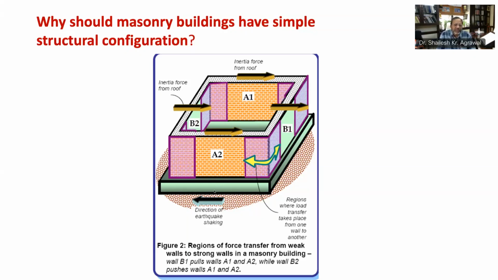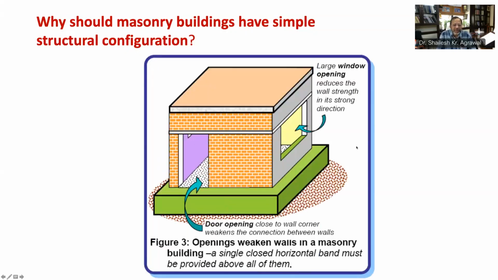Thus, walls transfer loads to each other at their junctions, besides the lintel band and roof. Therefore, the masonry courses from the walls meeting at corners must have good interlocking. This is the reason that openings near the wall corners are detrimental to good seismic performance.